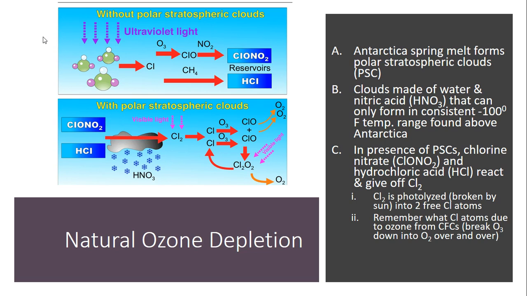In the presence of these clouds, nitric acid reacts with chlorine found in the atmosphere to make chlorine nitrate, and then hydrochloric acid reacts and continues to give off chlorine, producing more and more chlorine atoms that are going to have the ability to strip the oxygen from the ozone found in the ozone layer. So we tend to see the thinning most likely occur at Antarctica or even the North Pole as well.